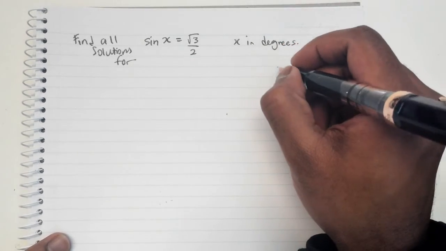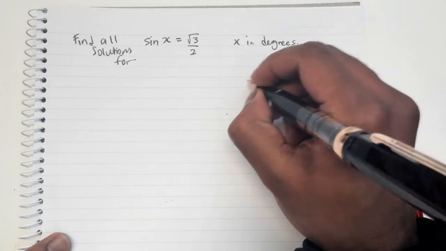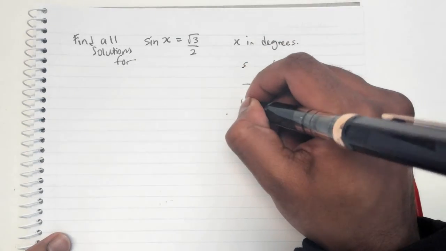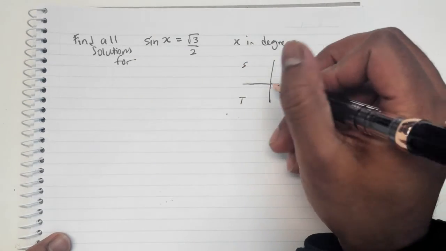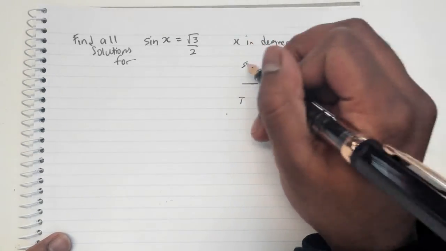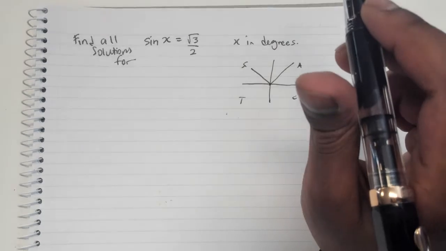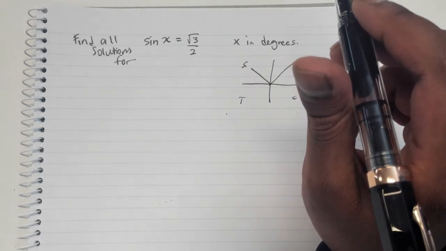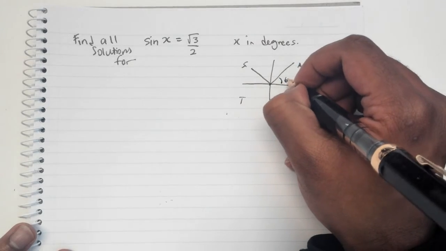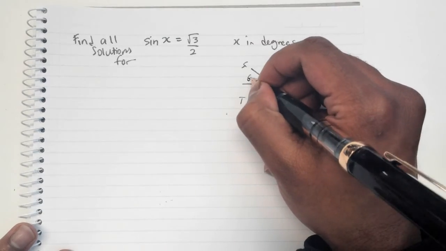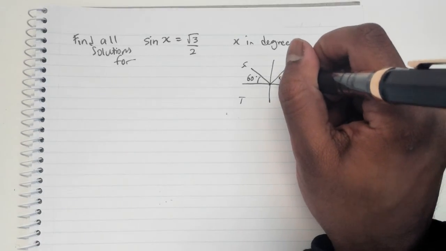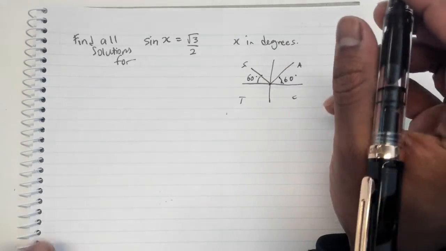Okay, so let's draw a little diagram here. Sine can be there and there because that's positive and positive. Sine of root 3 on 2 is 60. Excellent. So 60 there and 60 there, which means it's either 60 or 120.